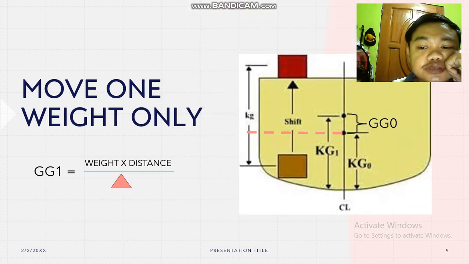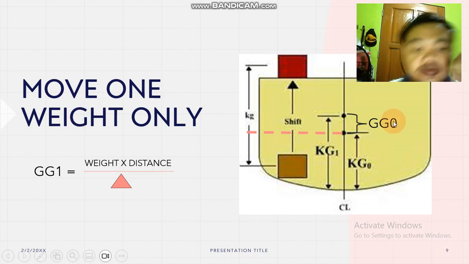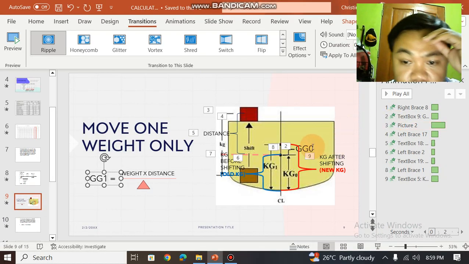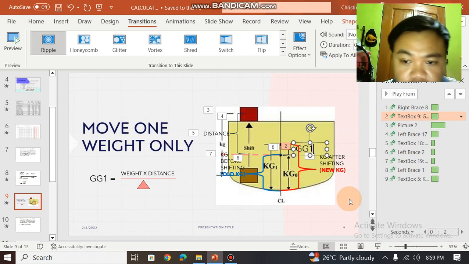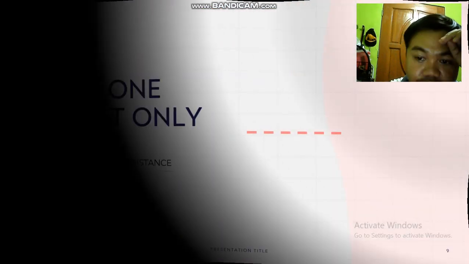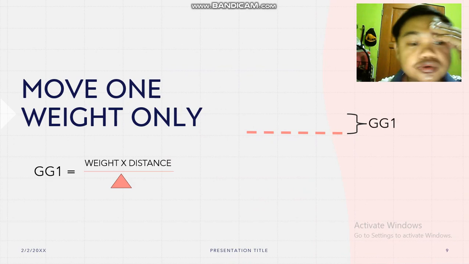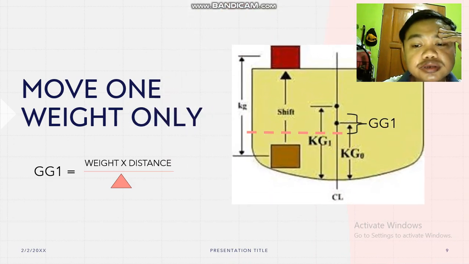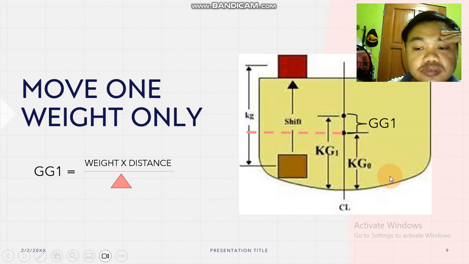So in this picture you can see here GG1, it's not GG0, it's GG1. Okay, so I have corrected that so that you will not be confused. So GG1, as you can see, is the difference between the distance of the new KG and the old KG.